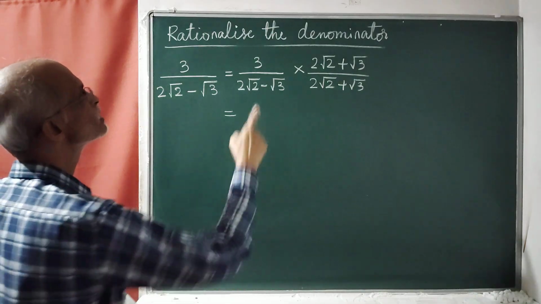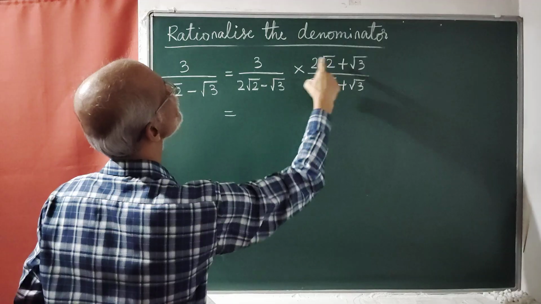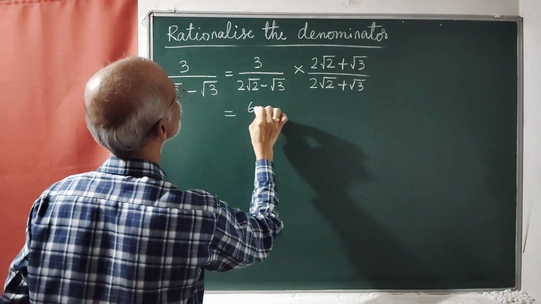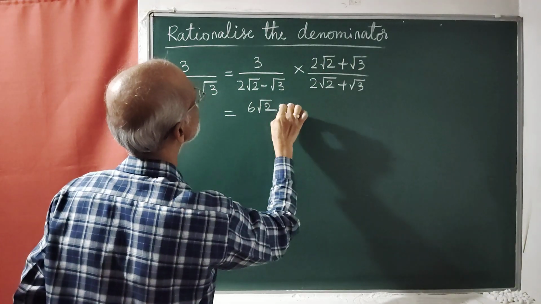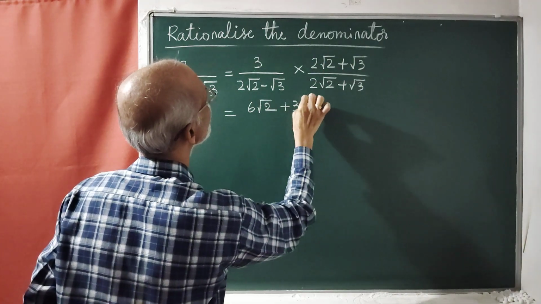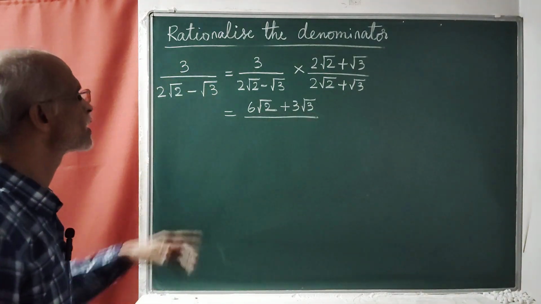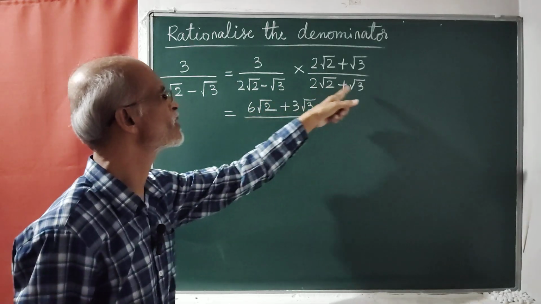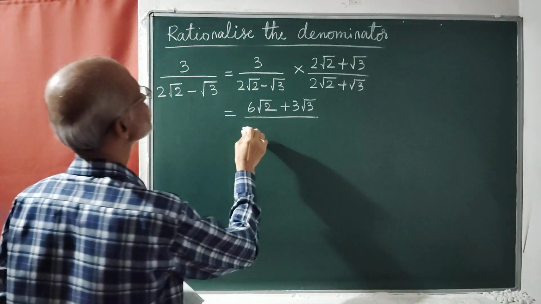So now 3 into 2 root 2 will be 6 root 2. Again 3 into root 3 will be 3 root 3. So here I have to apply a minus b into a plus b is equal to a square minus b square.